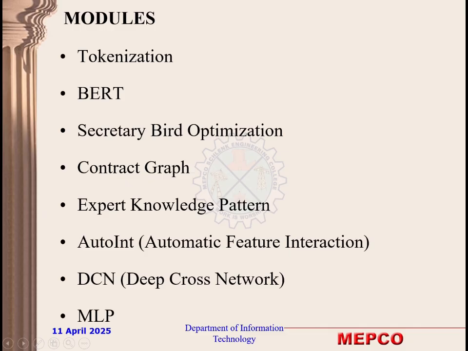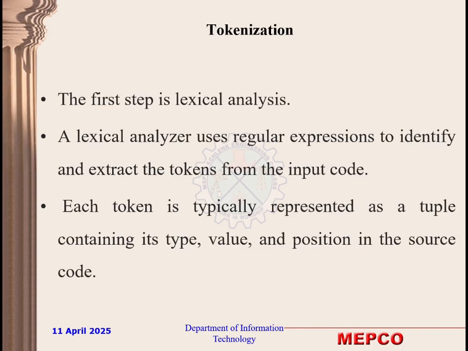These are the models present in our project: tokenization, BERT, hybrid secretary bird optimization, contract graph, expert knowledge pattern, AutoInt, and DCN MLP. The first step is tokenization, the analysis of the solidity code. To do this, the code must be broken down into fundamental units known as tokens.